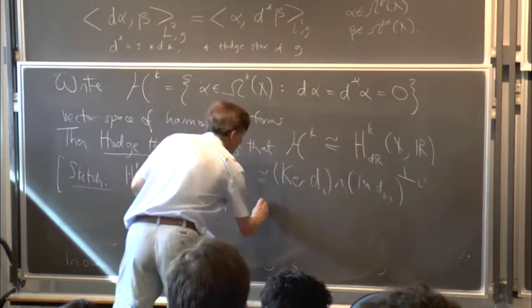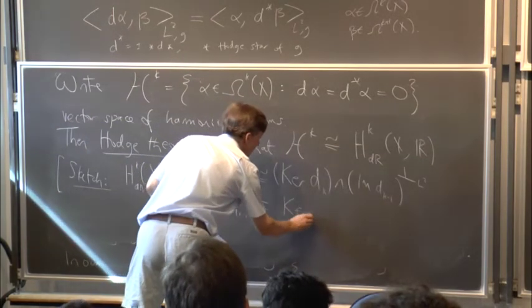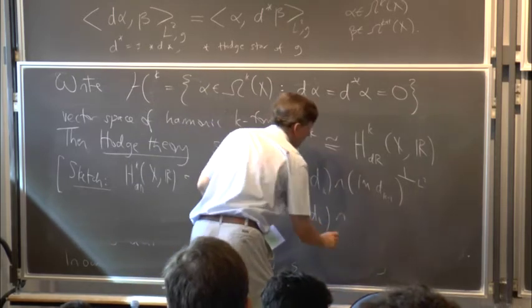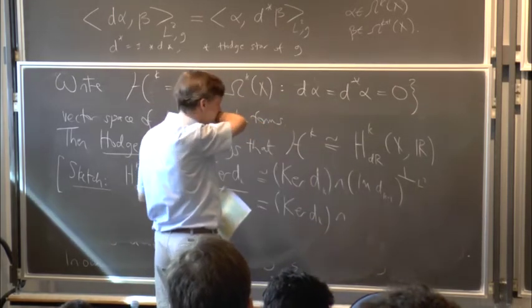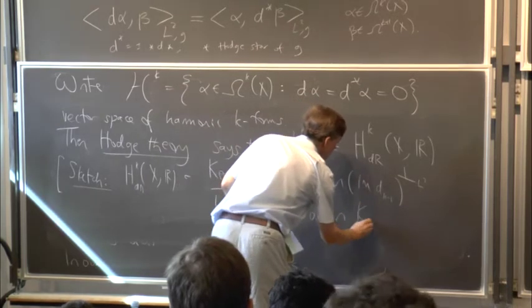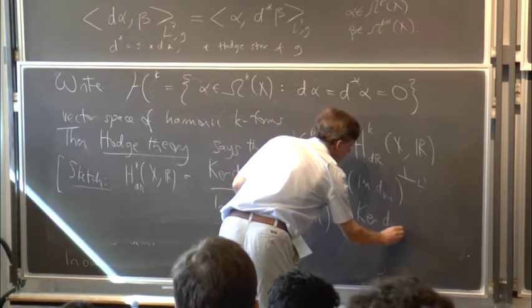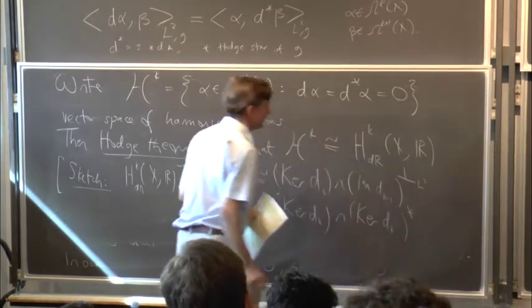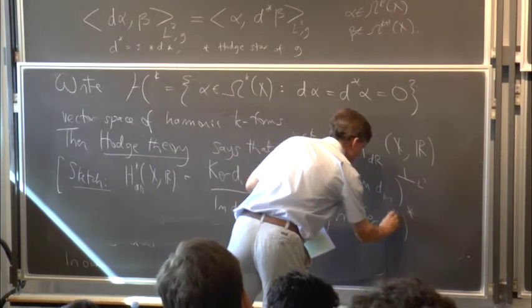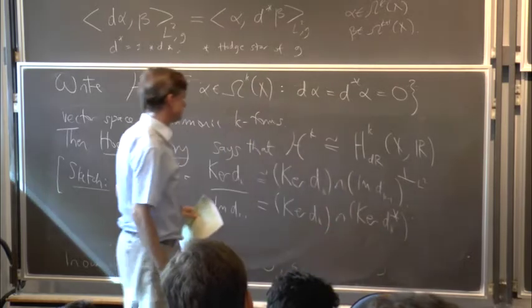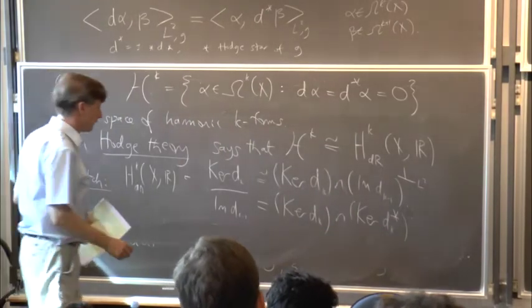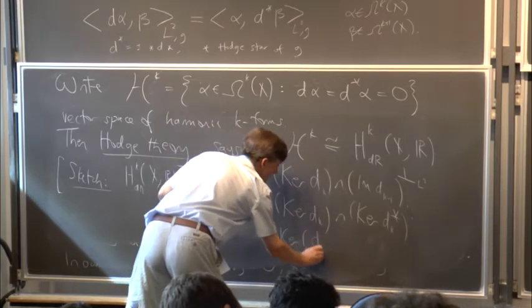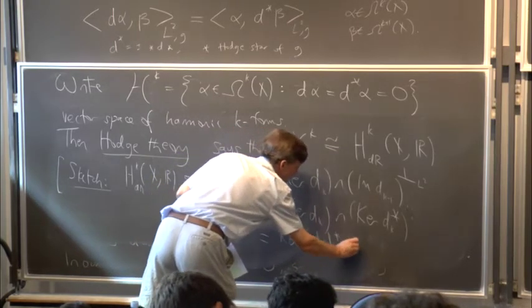Then this is equal to the kernel of d_k intersected with the kernel of d_{k-1}*. And then finally, you can also say this is equal to the kernel of d*d + dd*.